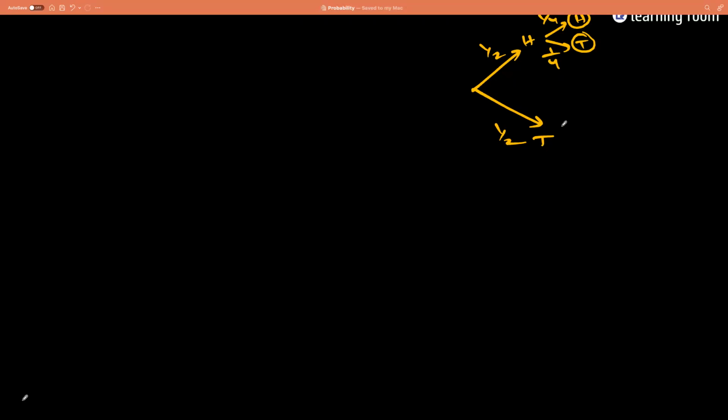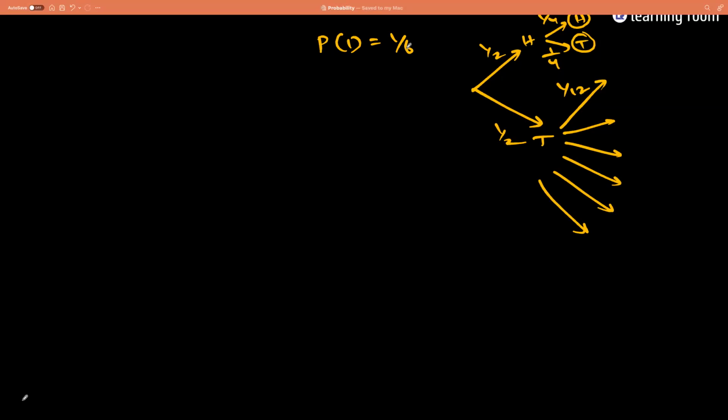Clear? So if you have the probability of tail, then the probability of tail comma 1 is going to be 1 by 12. Why is it 1 by 12? Because when you roll a die, what is the probability of getting 1? It is 1 by 6.